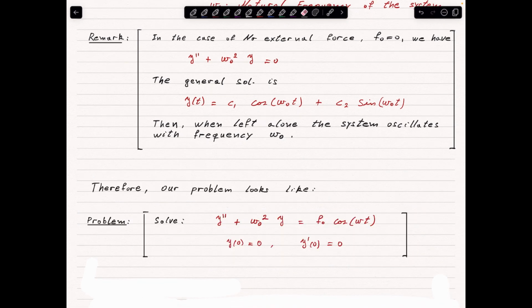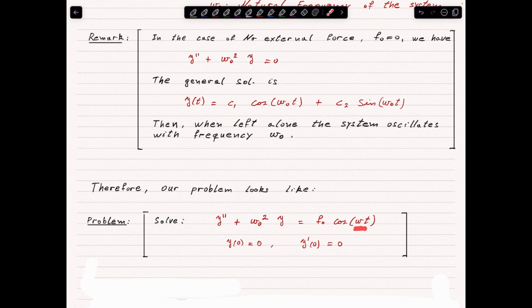Our problem looks like this. Solve this equation. Now all the parameters in the equation are reduced to the natural frequency, and here we have the amplitude of the forced oscillations and the frequency of the oscillation.